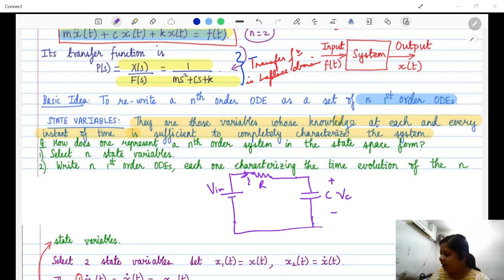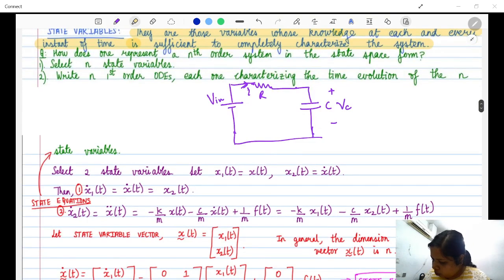If I can find out what is I and what is VC, I'll be able to say what is going on in my system: the current flowing in the circuit, the voltage across the capacitor, and everything. If any one of them is absent, the information will be incomplete. So it is the number of variables necessary at every instant of time to completely characterize the system.